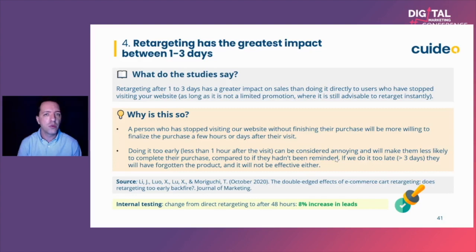So if we're retargeting directly, we're annoying people, right? So we changed it to 48 hours. We did a lot of different tests, but when we changed it to 48 hours, and we also capped it, right? So we always want to cap your retargeting, to not retarget the same person 6 different times, right? So we capped it at three times, and we saw an 8% increase in leads as well, right?